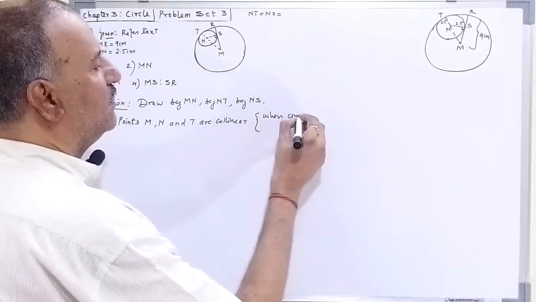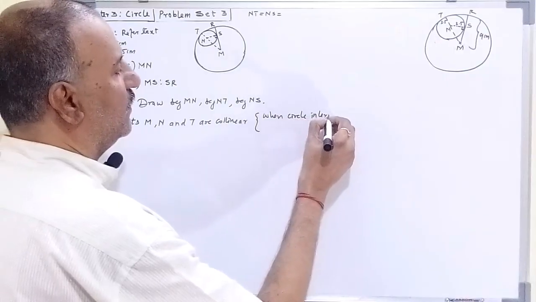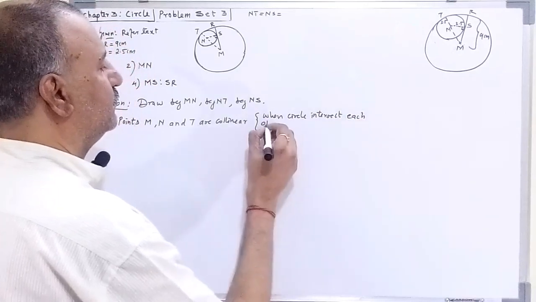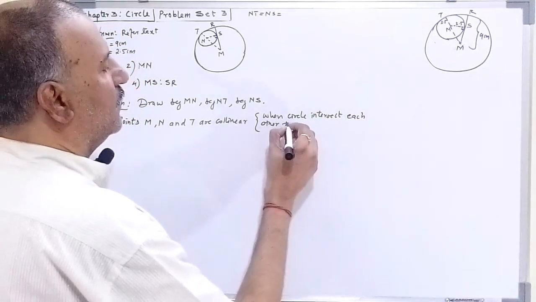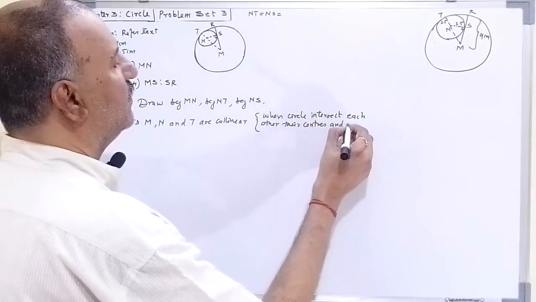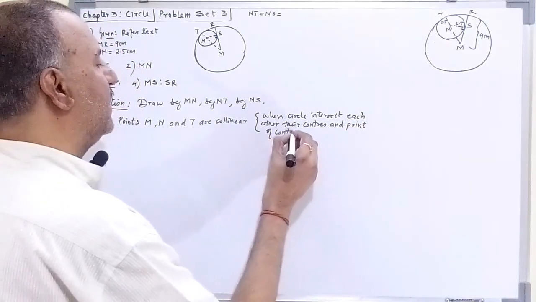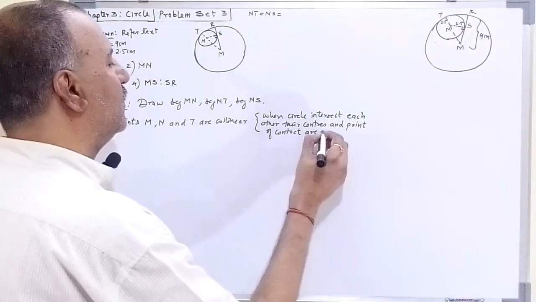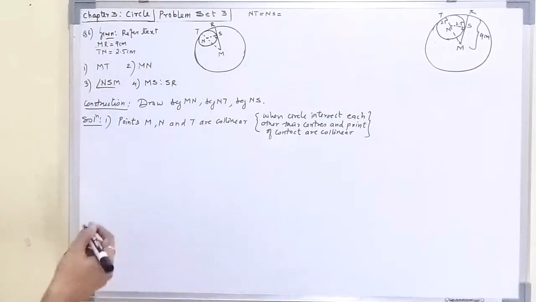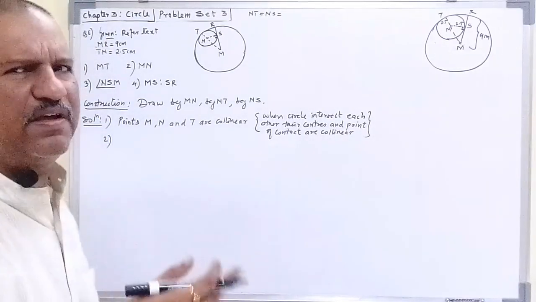When circles intersect each other, their centers and point of contact are collinear. They are in the same line. ये थियरम किया था हमने, स्टेटमेंट नंबर 2.